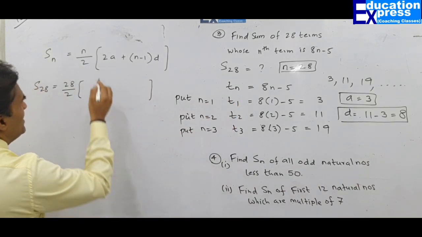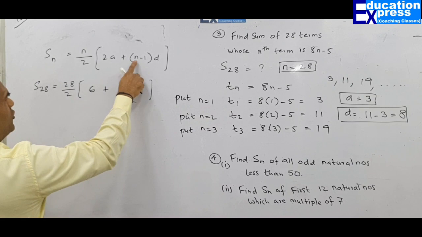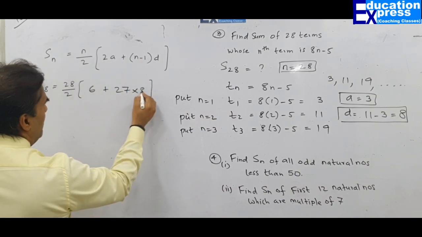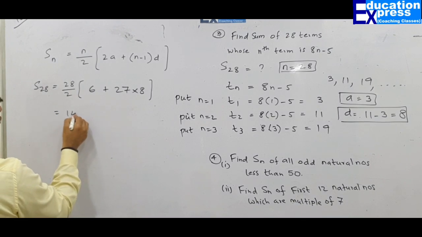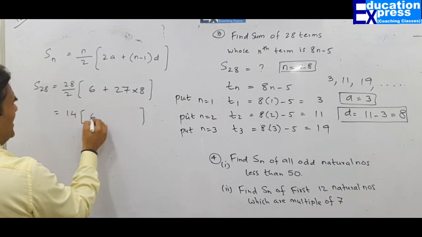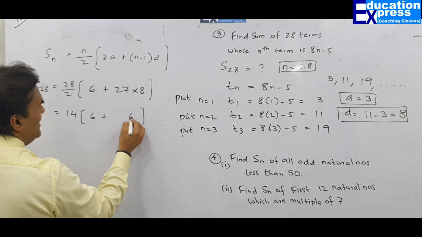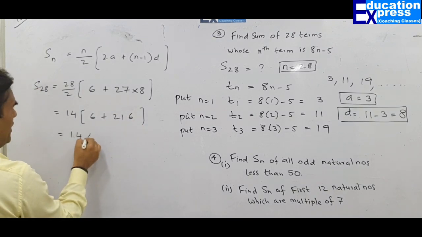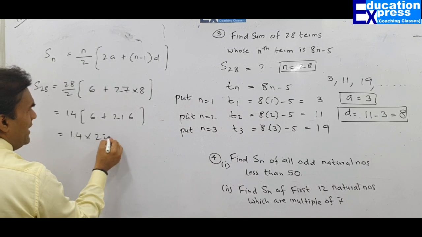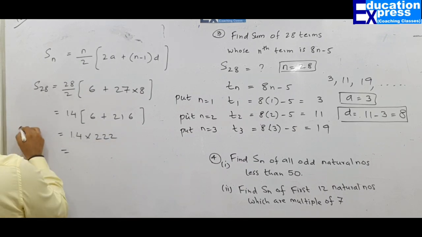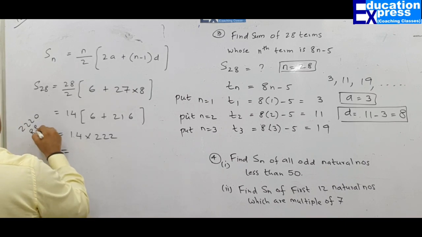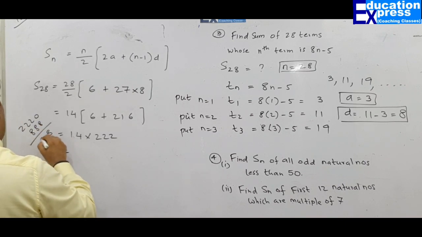A is available as 3, so this is going to be 6. 28 minus 1, 27 into 8. So what we are going to do? This is going to be 14, 6 plus 216, 222. So 14 multiplied by 222, that's going to be 2220 and 4 times 222 is 888. It's going to be 3108.